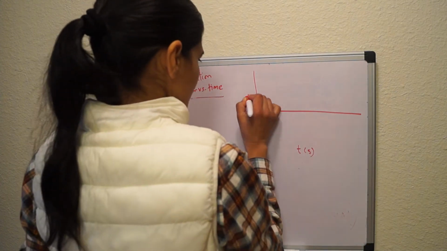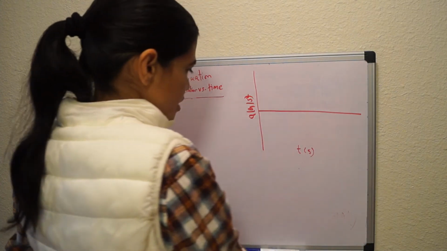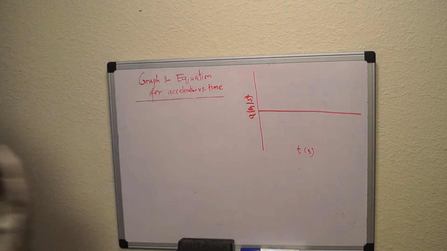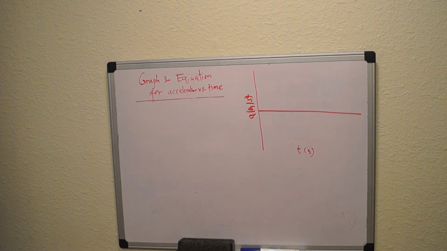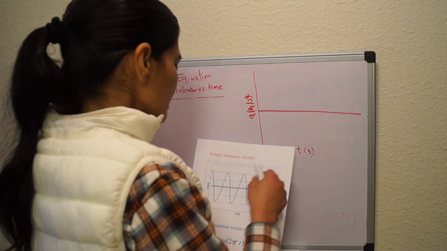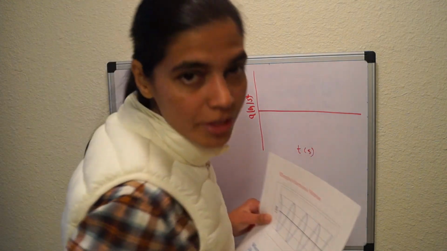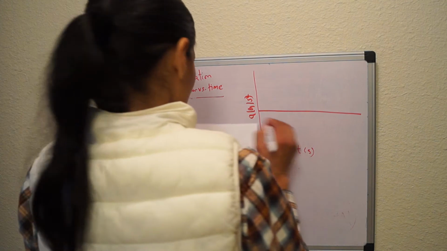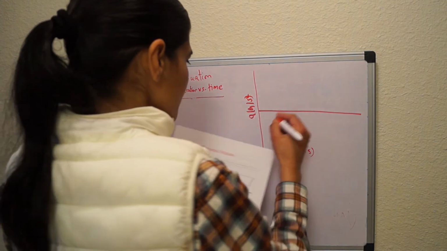We cannot just write meters per second, so the square is there. It turns out the acceleration versus time graph is actually an upside-down curve of the position versus time graph, okay? So I'm going to just write that down. It starts here, but let us start here.